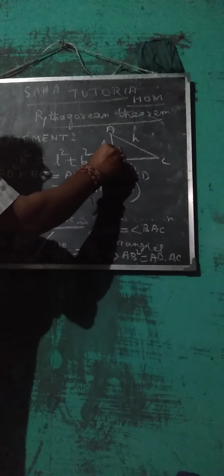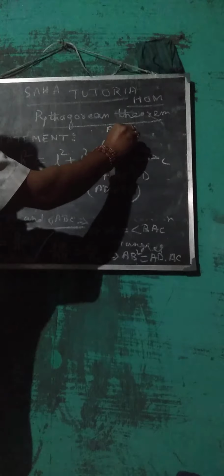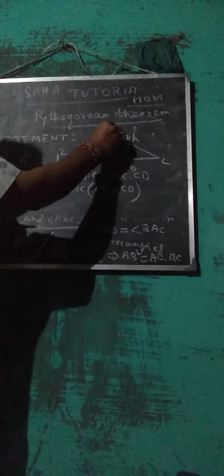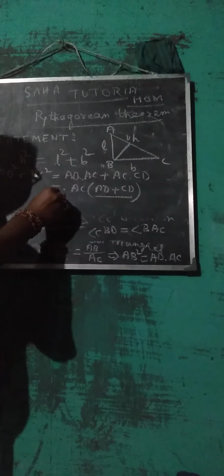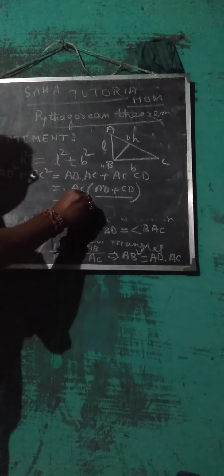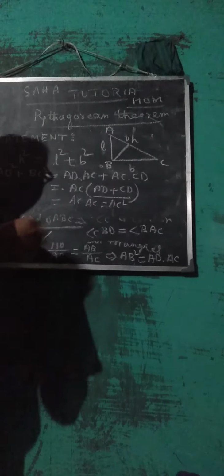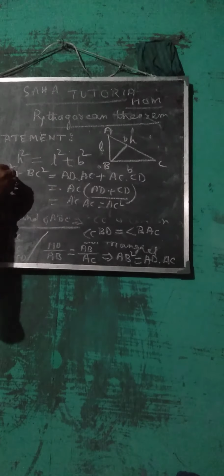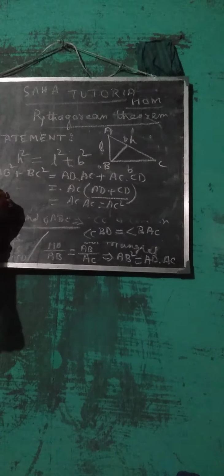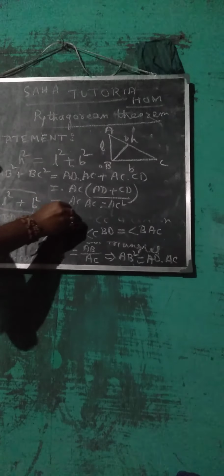Remember the perpendicular I have drawn is denoted by D. So AD plus DC is equal to AC. So there will be AC multiplied by AC, which is AC square. So this is the famous Pythagorean law. In this form, AB is L square plus BC is B square is equal to AC is H square. This is the famous Pythagorean formula and the proof.